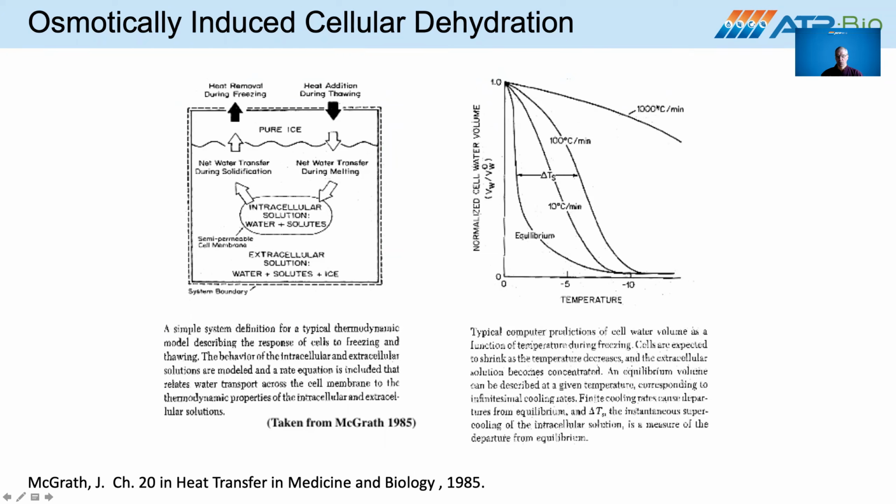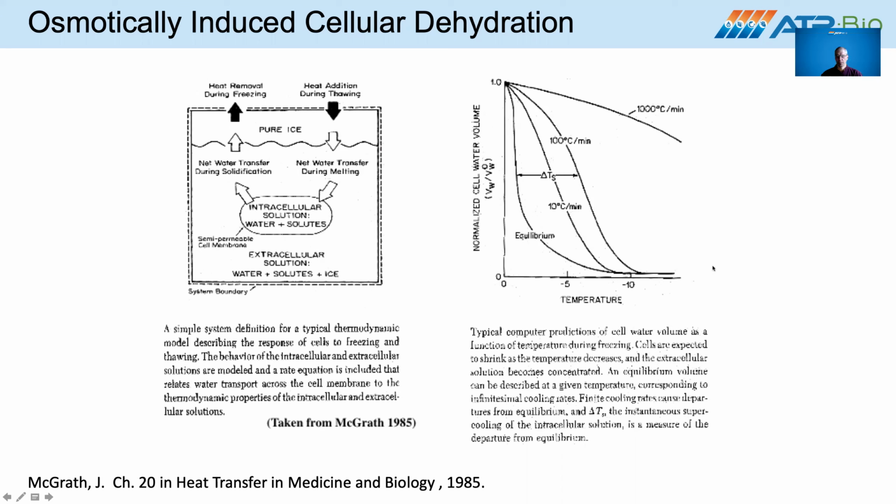However, as you go up in rate to 10, 100, or 1,000 C per minute, you trap more and more water in the cell. And eventually, as you go to a low enough temperature, you will get that intracellular ice formation. If we think about what's actually the ideal rate, it's probably someplace that's just a little bit off this equilibrium curve, and maybe it only has 5 or 10%.